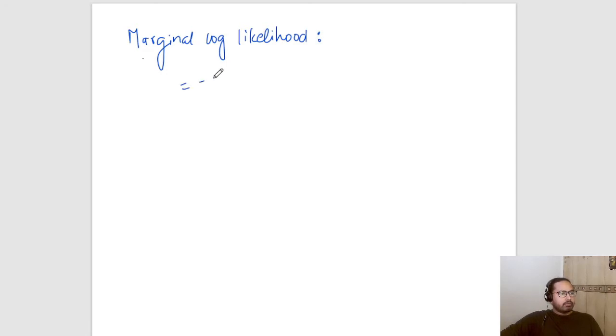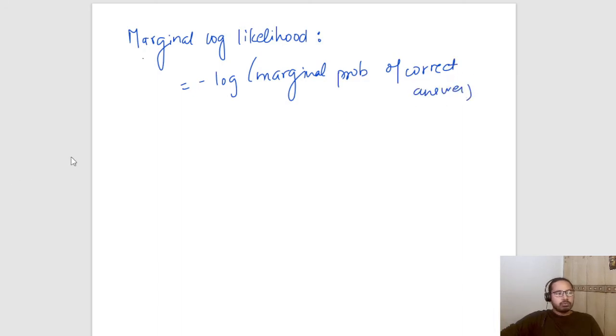So, as I said, marginal log likelihood is used as a cost function in most of the OpenQA. Put simply, it is nothing but minus log of marginal probability of the correct answer. It is quite similar to negative log likelihood, which is nothing but negative log likelihood of the correct labels.